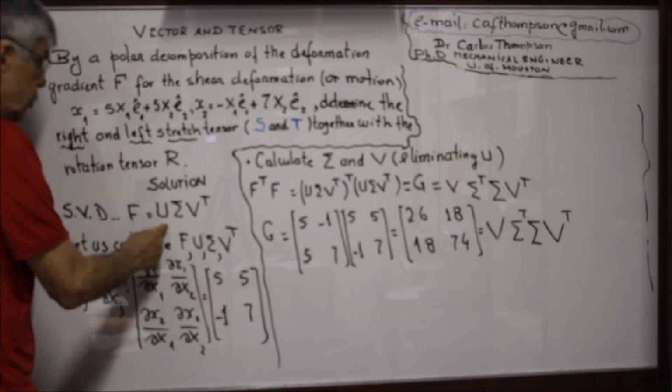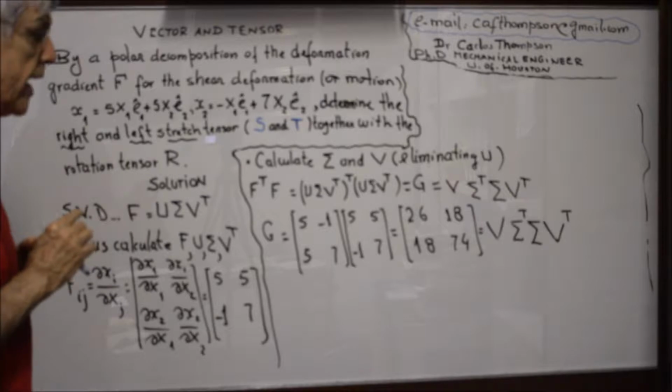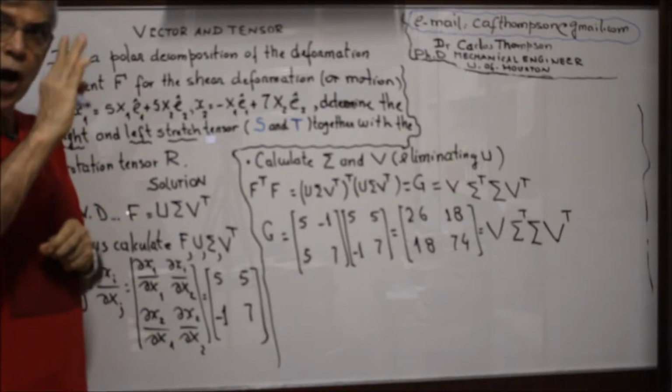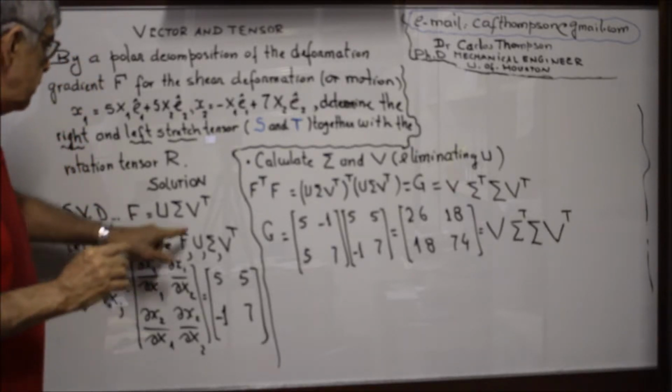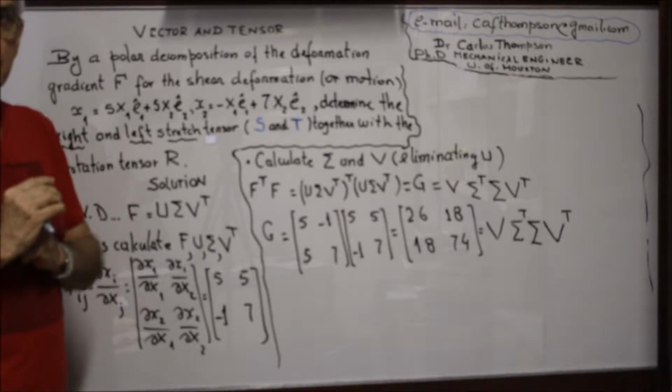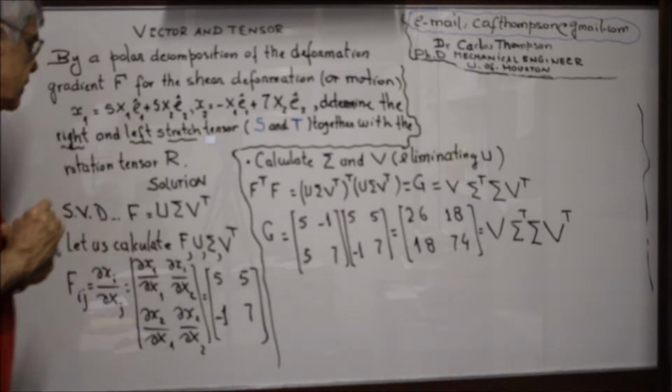Don't forget that U is related to the column space and V is related to the row space.